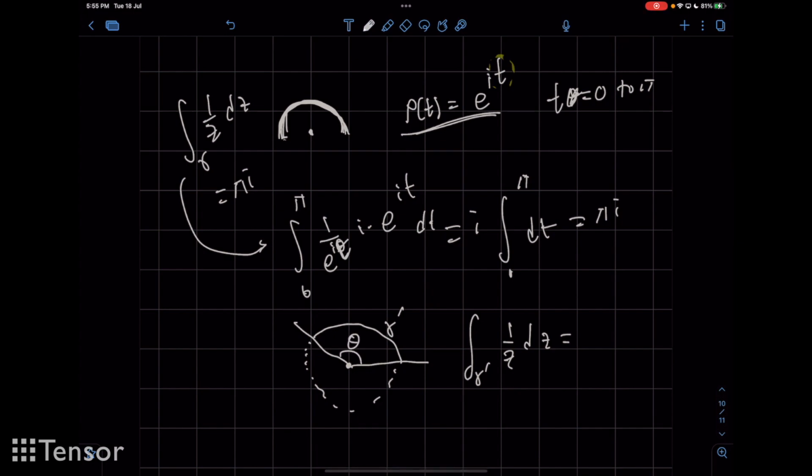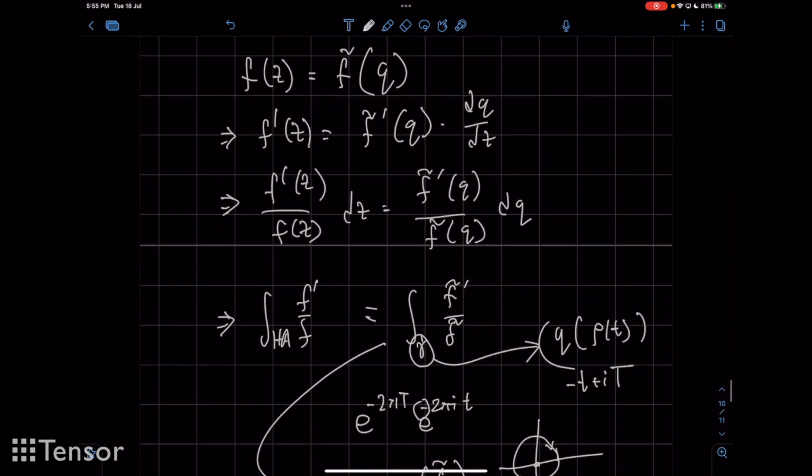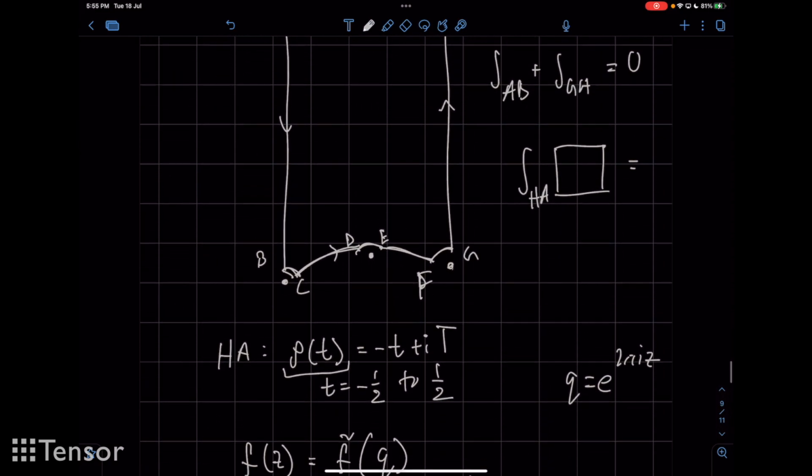If this angle is theta, in radians, then the integral is theta I. If we have the whole circle, the integral is 2 pi I. If it's a semicircle, pi I. And if the arc makes an angle of theta radians, we get theta I. We are going to use this very fact to compute the integrals of the arcs BC, FG, and D.